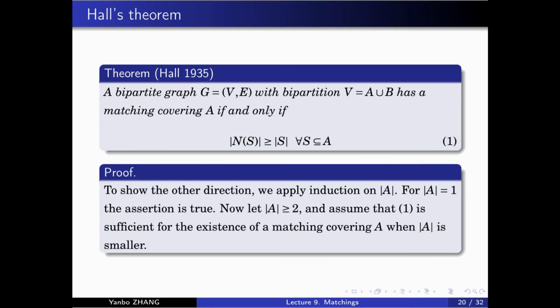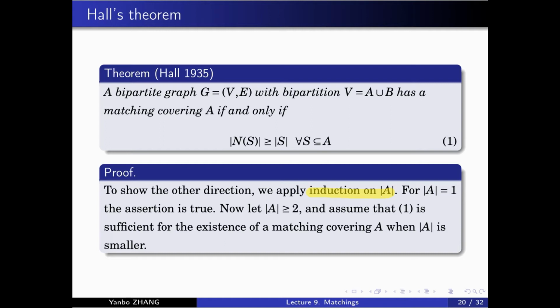To show the other direction, to show the sufficiency, we apply induction on the size of A. If the size of A is 1, there is only one element in A. The assertion is true.